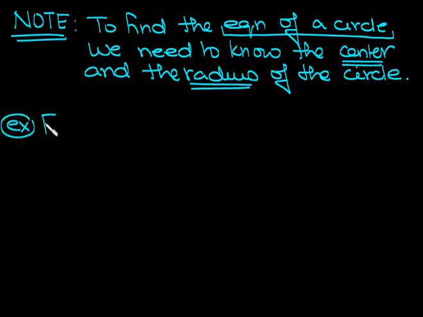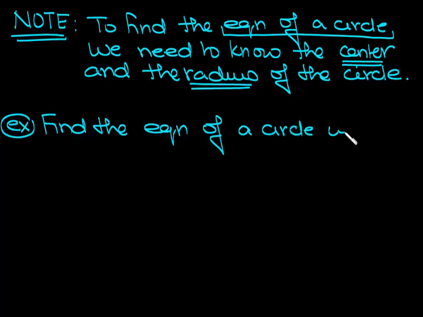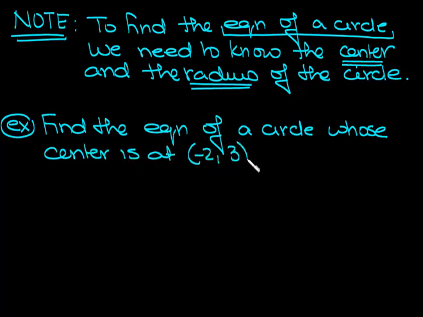Okay, so here's the first example. Find the equation of a circle whose center is at (-2, 3) and whose radius is 5.